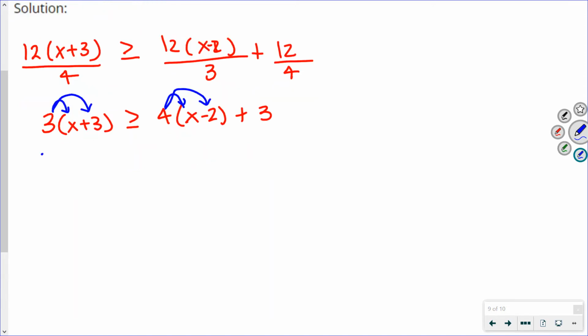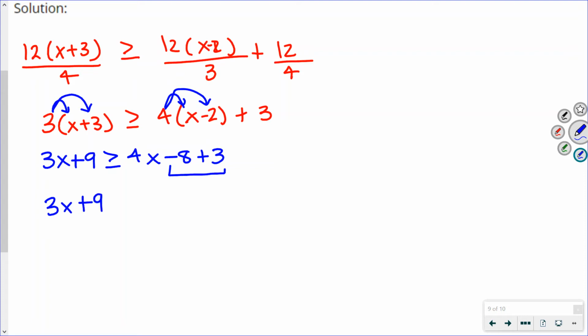So we get 3x plus 9 greater than or equal to 4x minus 8 plus 3. We want to combine this 8 and this 3 here. So we get 3x plus 9 greater than or equal to negative 8 plus 3, which is negative 5.